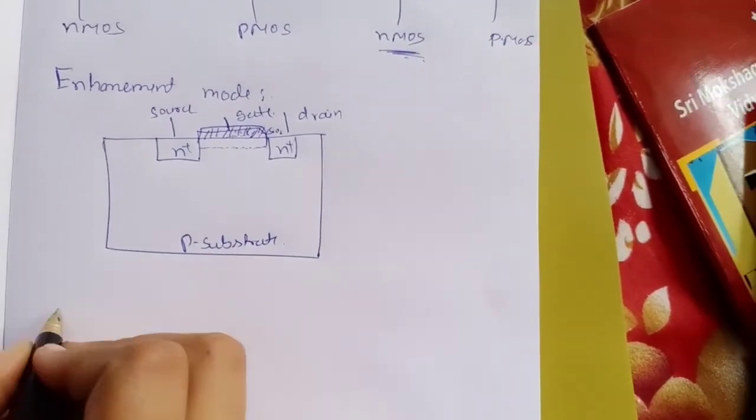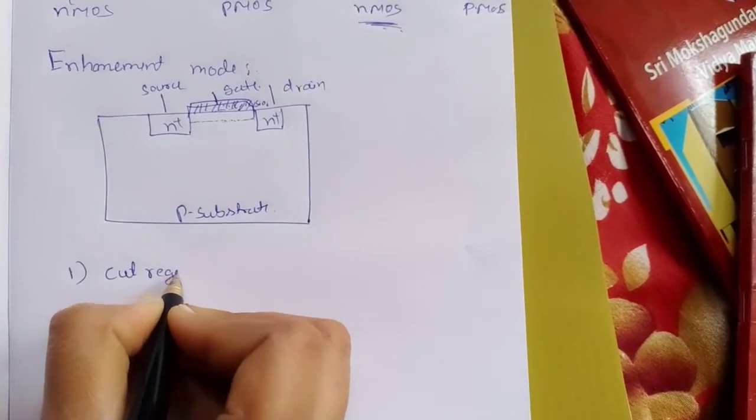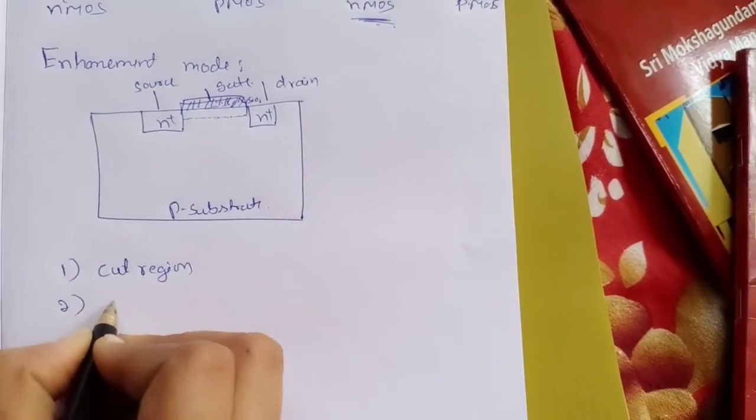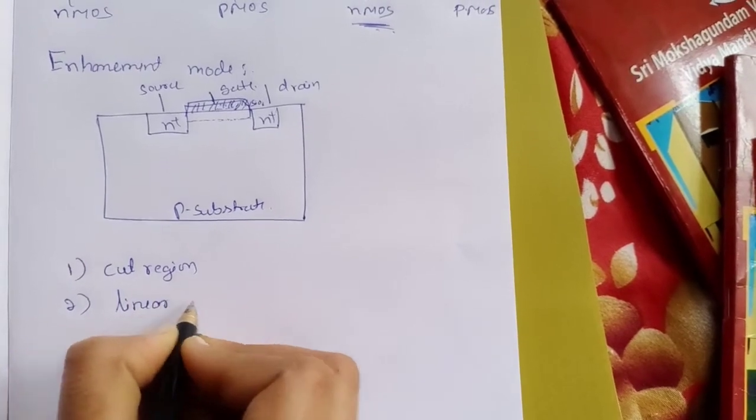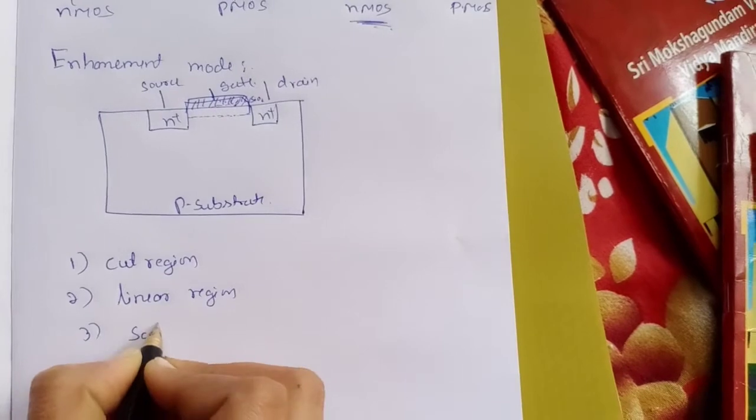So there are three conditions. One is the cutoff region, second one is the linear region, and third one is the saturation region.